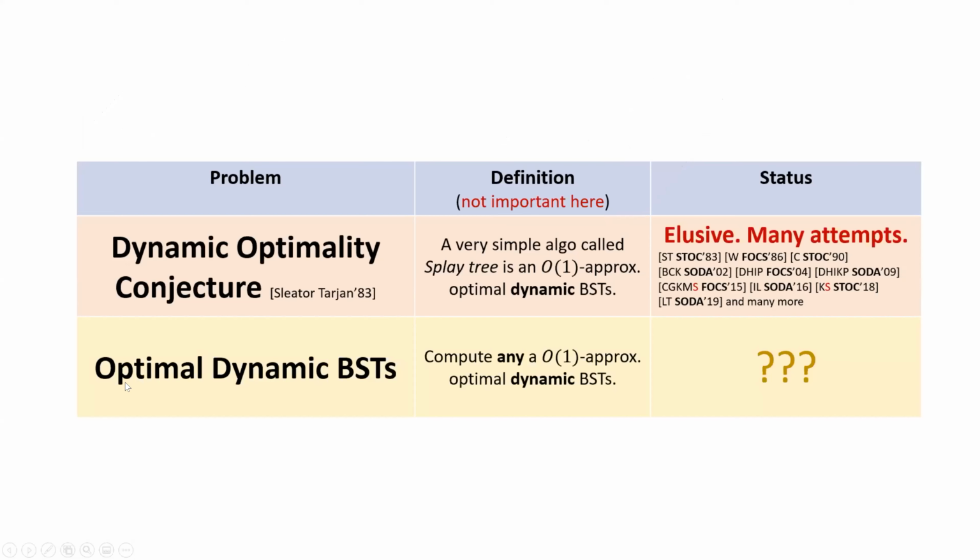It's called optimal dynamic BST. Roughly speaking, it is about trying to find optimal dynamic BSTs. You don't need to know exactly what it is. And this is still wide open.